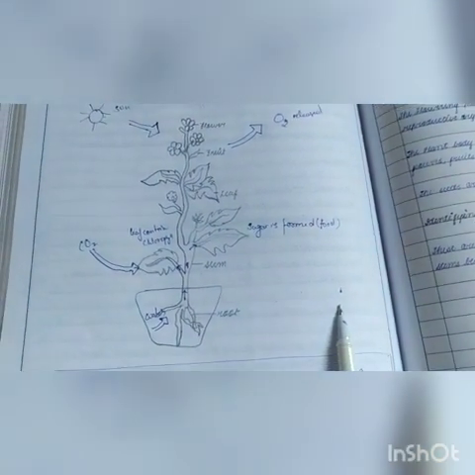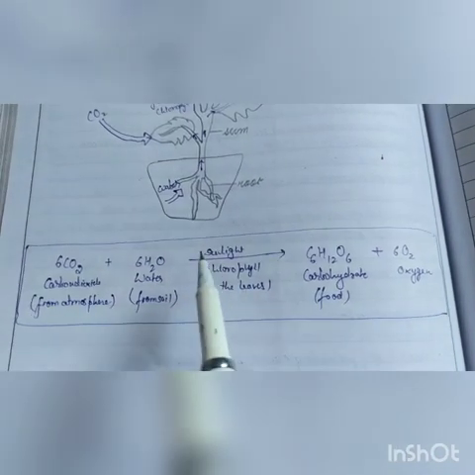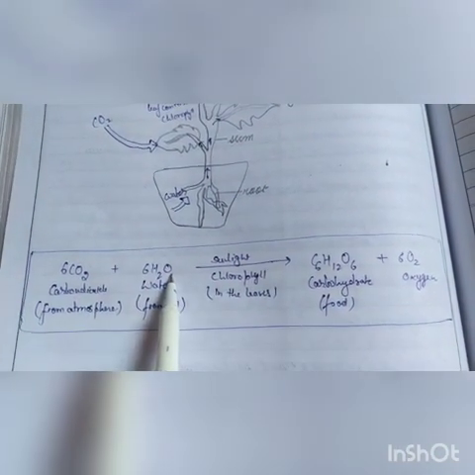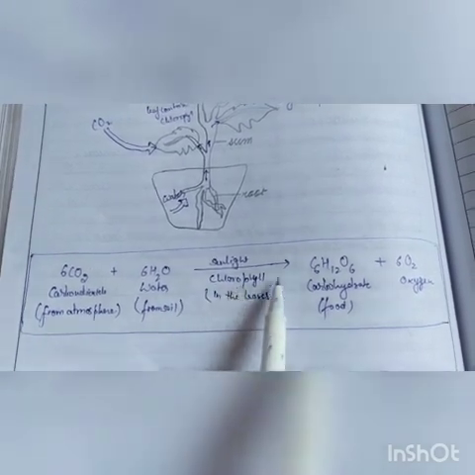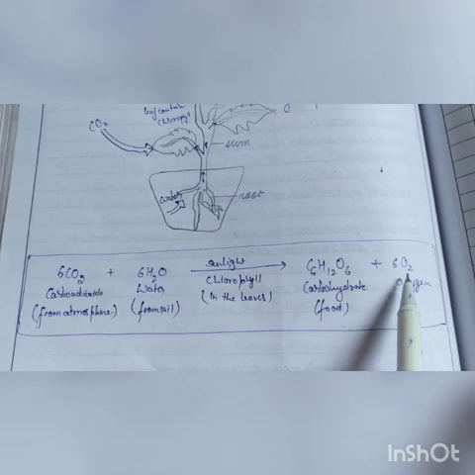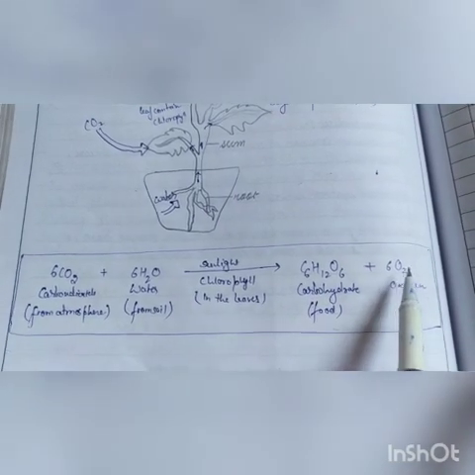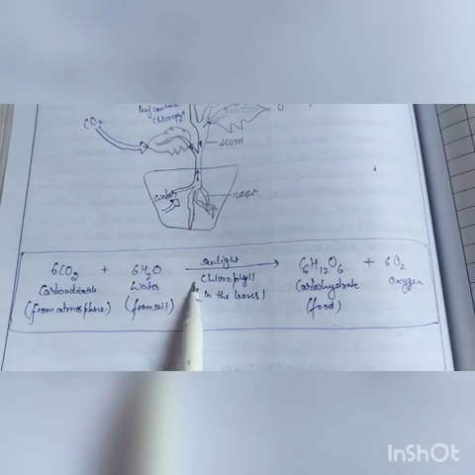So this is the diagram involved in the photosynthesis process, and the formula involved is: carbon dioxide plus water, in the presence of sunlight with the help of chlorophyll, gives carbohydrate and oxygen is released into the environment. So this is the whole reaction involved in photosynthesis.